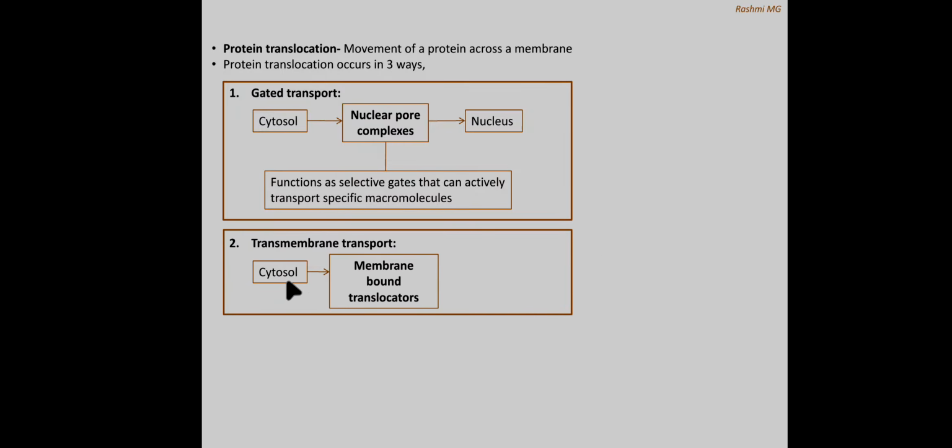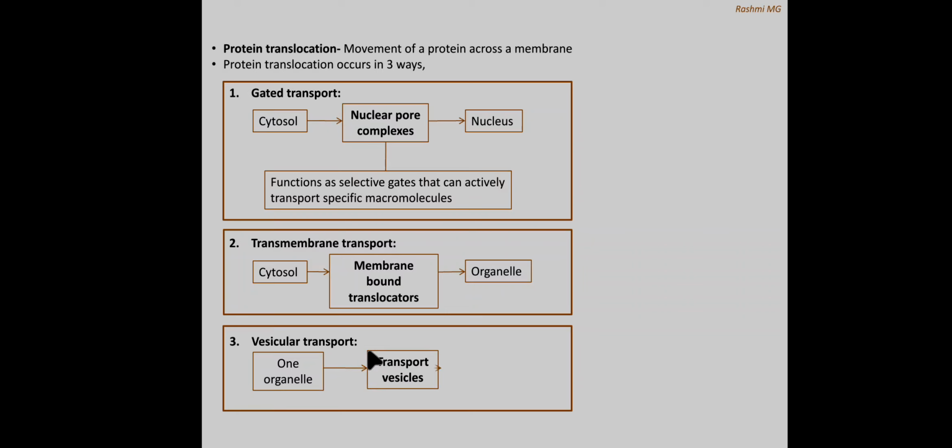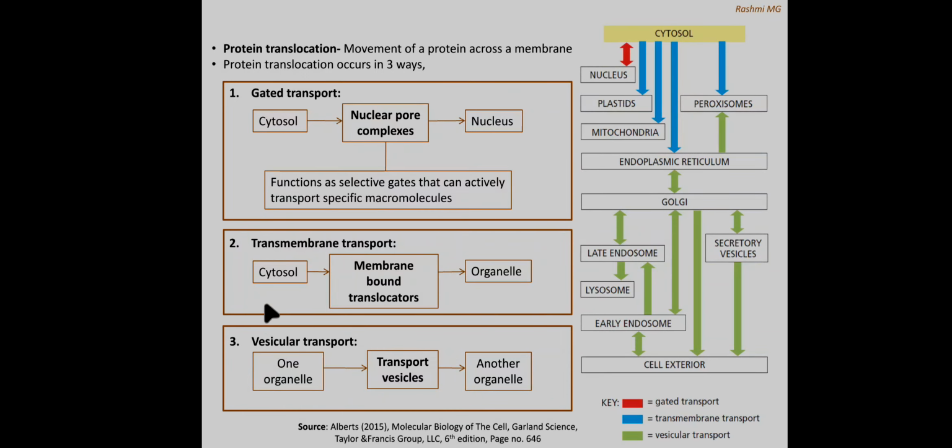The second way is transmembrane transport, where the protein is transported from the cytosol to the organelle with the help of membrane bound translocators. Then vesicular transport, where the protein is transported from one organelle to another organelle with the help of transport vesicles. You can see here, from cytosol to the endoplasmic reticulum, the blue one, is transmembrane transport, where different membrane bound translocators are helping.